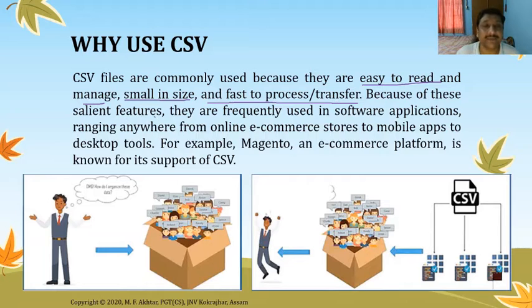Because of these salient features, they are frequently used in software applications. Many software applications use comma separated files, ranging anywhere from online e-commerce stores to mobile apps to desktop tools. Most of the software used these days uses CSV files.